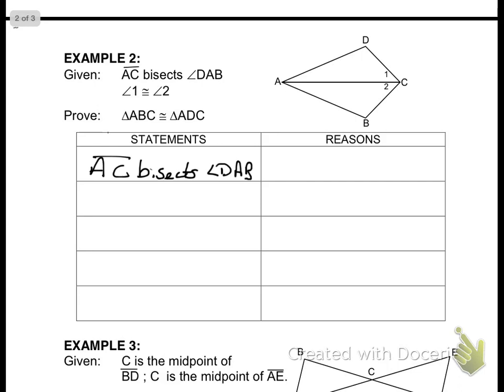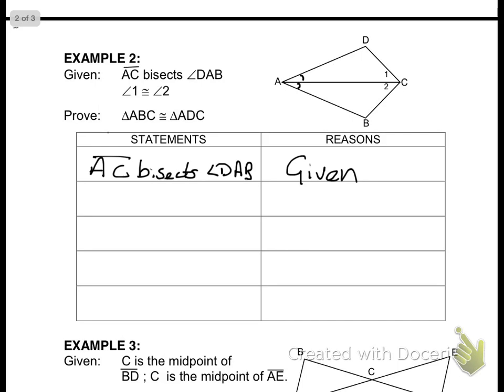And that's a given. And now let's go to our figure and mark that. So what that means is that this angle and this angle are the same. So you can put a little curve with a slash marker. You can just put one curve, because that would indicate that they're the same measure.